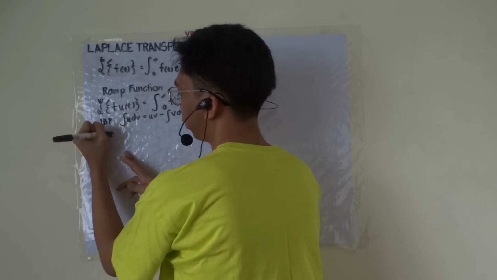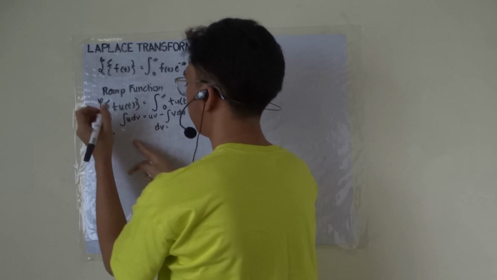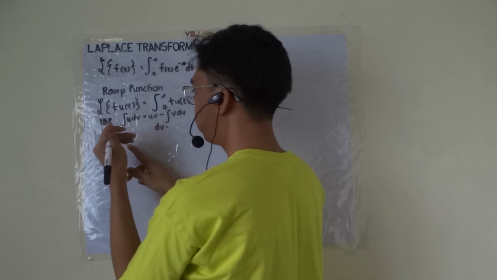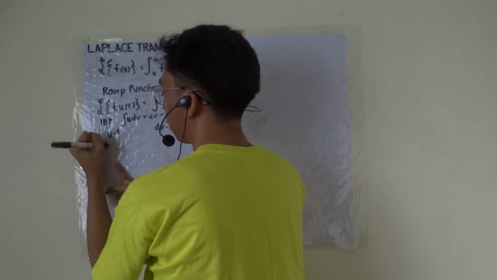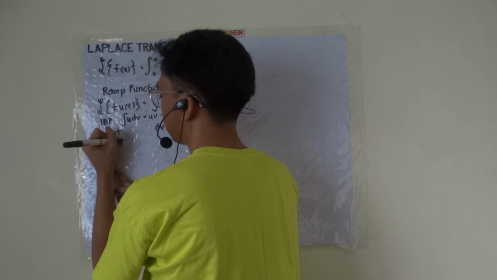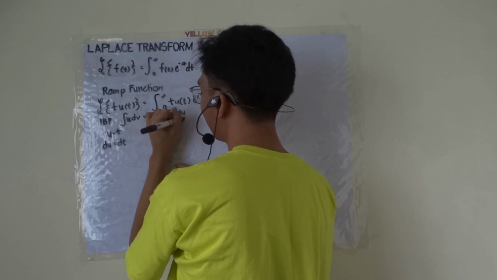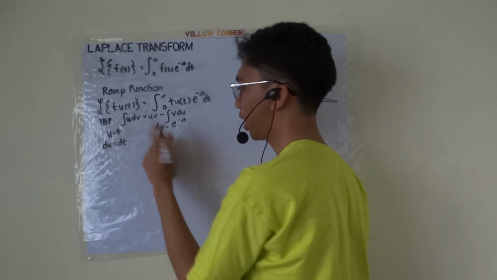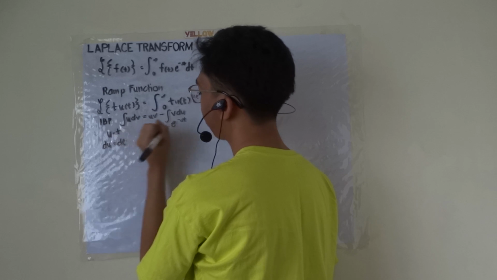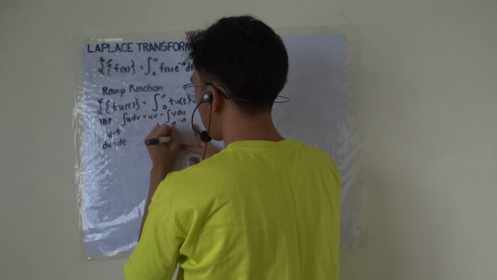Identifying our u and v, we have t as our u, and having the derivative of t, du is equal to dt. And our dv is e raised to negative st. Having the antiderivative of e raised to negative st, we have negative 1 over s, e raised to negative st.